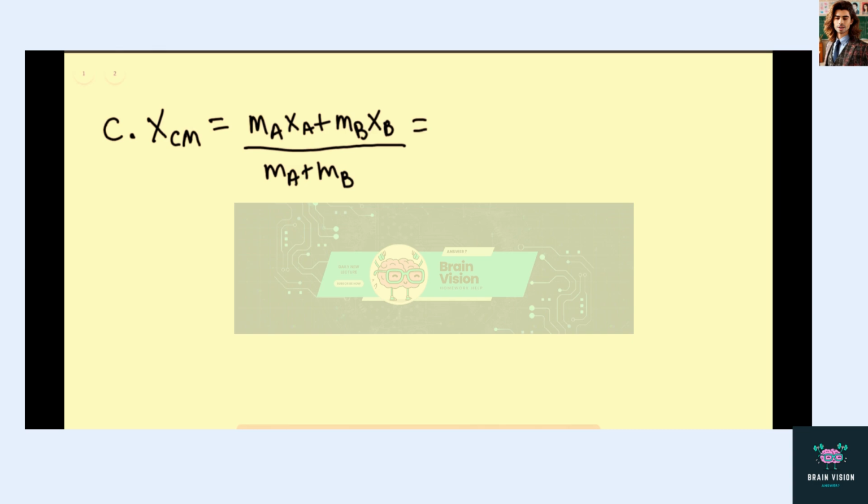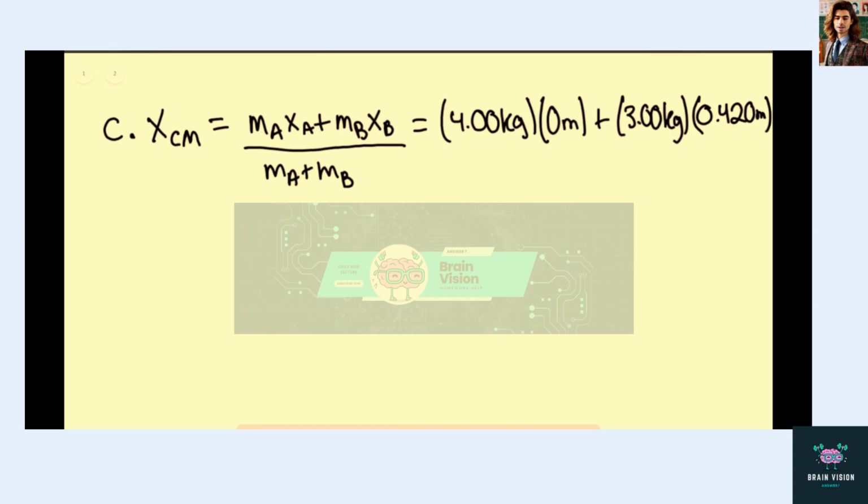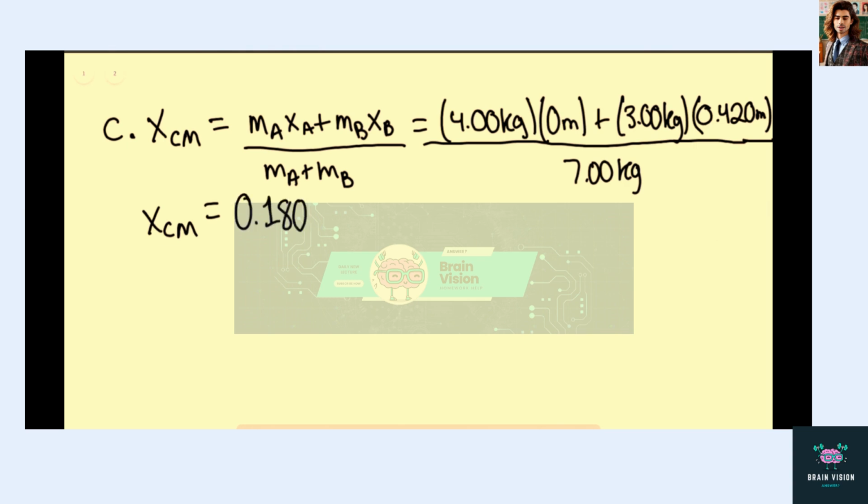So this would be equal to 4.00 kilograms, again taking x sub A to be 0 meters, and then 3.00 kilograms, which is 0.420 meters away from mass sub A, divided by 4 plus 3, or 7.00 kilograms. Therefore, the x-coordinate for the center of mass would be equal to 0.180 meters.